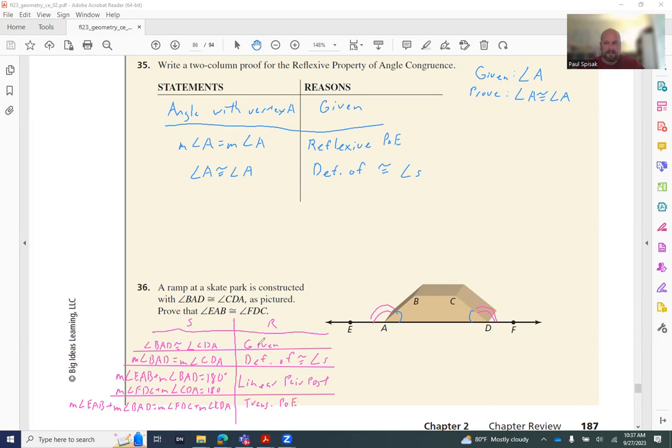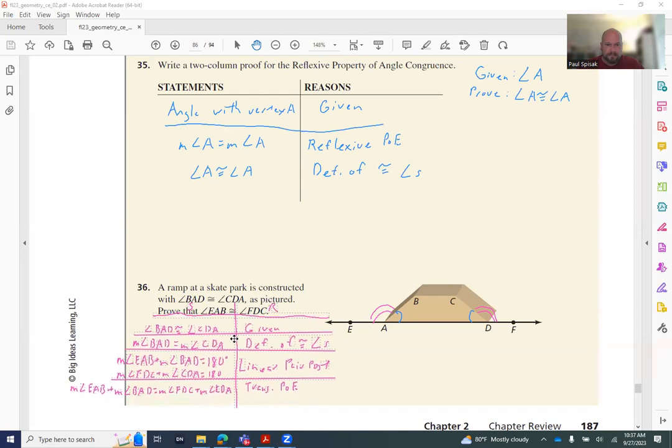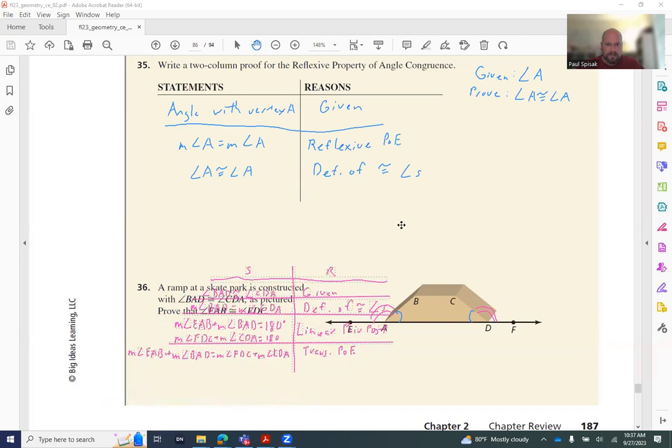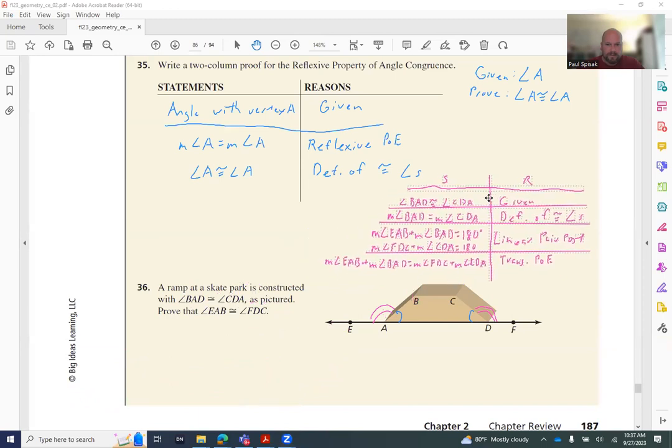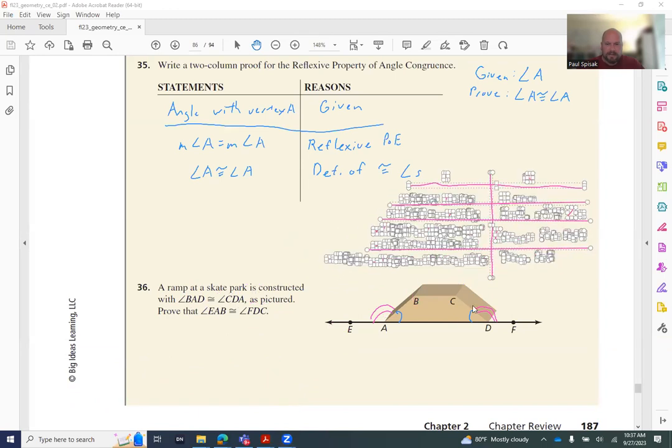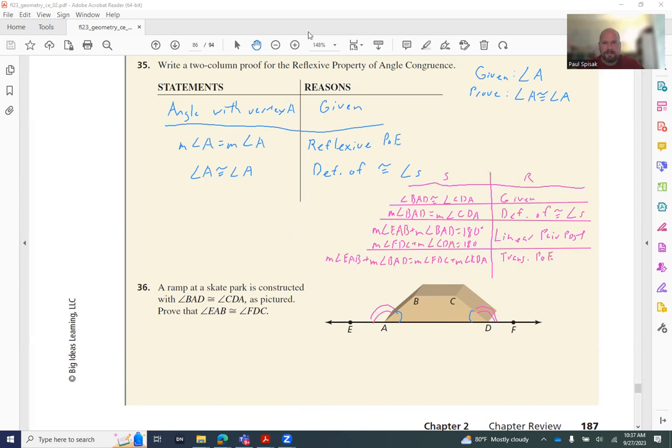And then finally, there's really only one more step that I need, which I'm running out of space here. Let's see if I can move this. Yeah, let's set it right here so that I can get that last line in there.